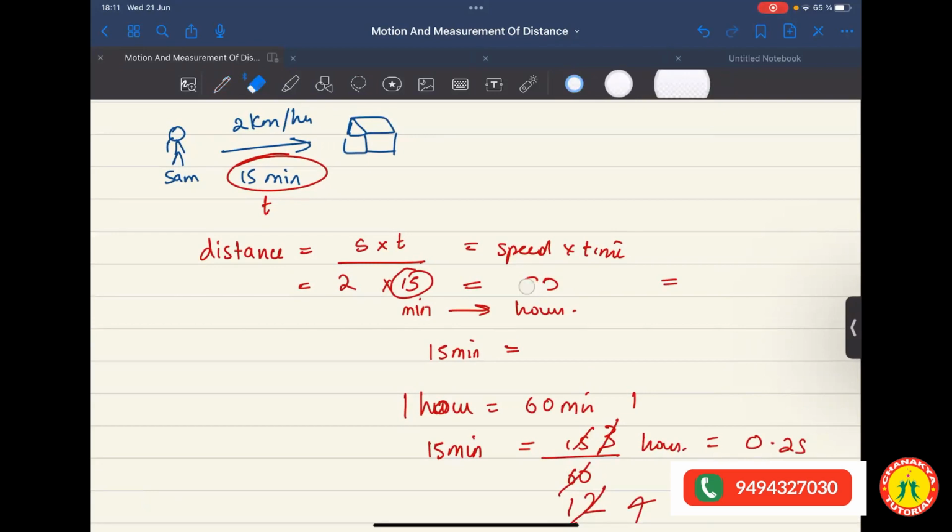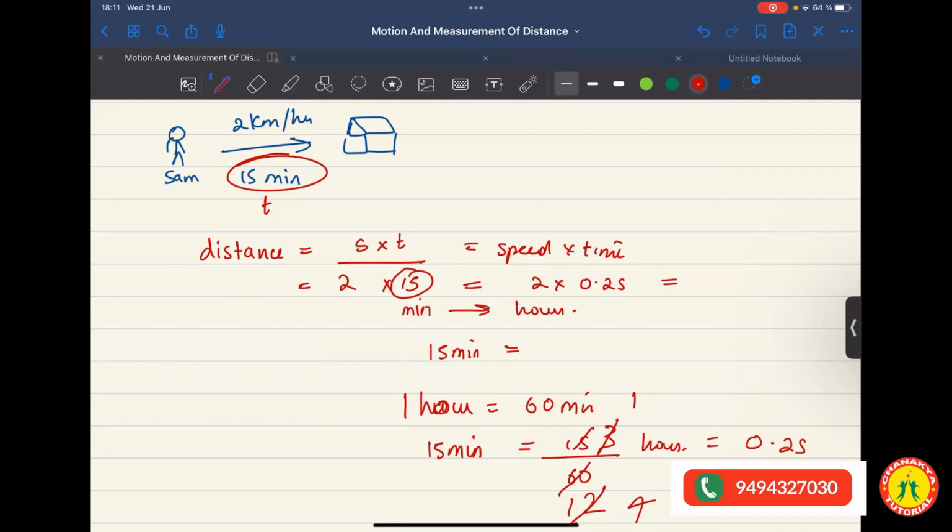So what will you write over here? It is equal to 2 into 0.25. What is 2 into 0.25? 0.25 plus 0.25, yes ma'am.